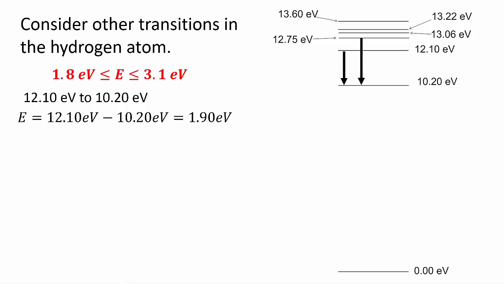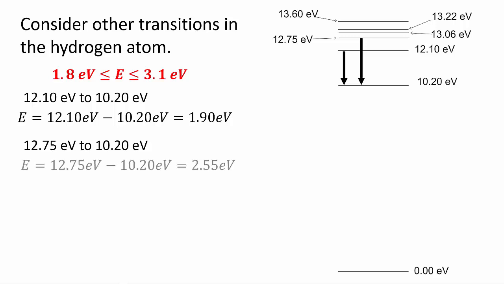Another transition, this one from 12.75 down to 10.20. We can calculate that difference, and you get 2.55 electron volts. This is between those two numbers, and so this will be visible. This is a very pretty turquoise color. I think of it as turquoise anyway.